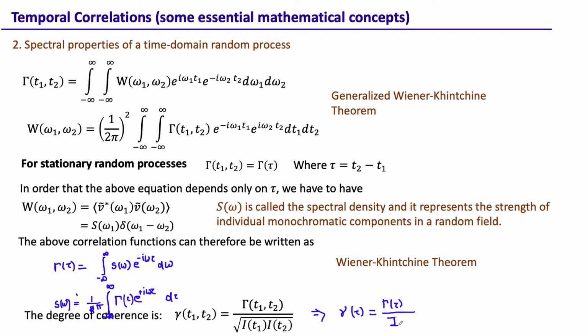So the degree of coherence function in this case is gamma of tau divided by the intensity at t equal to 0.